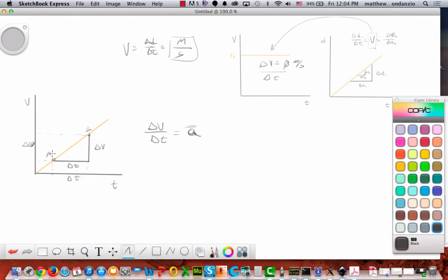This graph is now about your speed. You're plotting your speedometer here, not your position. This is 30 miles an hour, this is 60 miles an hour, this is 0 miles an hour. You follow me? So you're increasing your speed as time goes on. Your speedometer is moving up. That's acceleration.